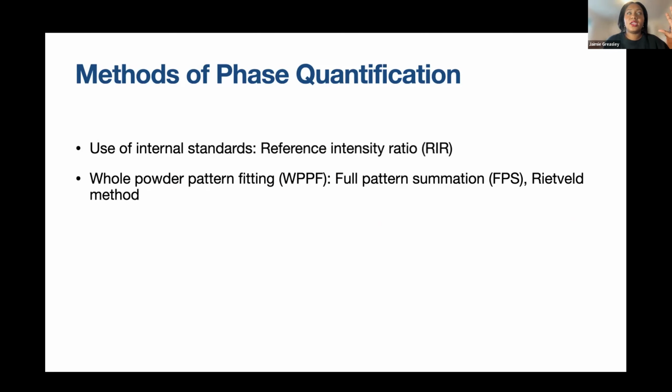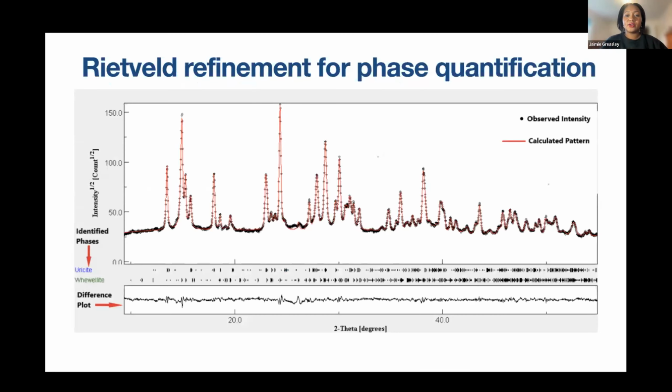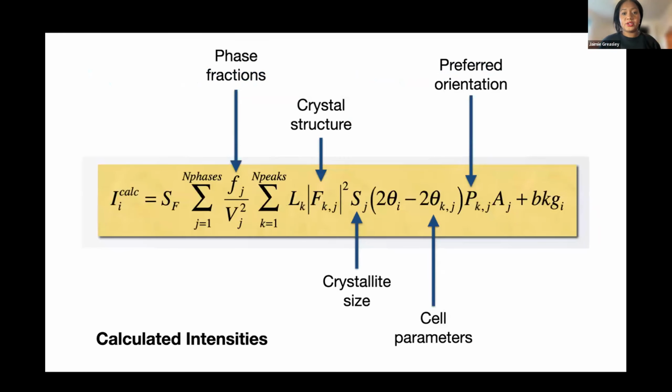I want to distinguish between the FPS and the model that I'm going to present: the FPS is not a machine learning model. It just has a database of reference phases, goes through the database, and tries to do a weighting. Okay, so this is a machine learning model that I'm going to present now.